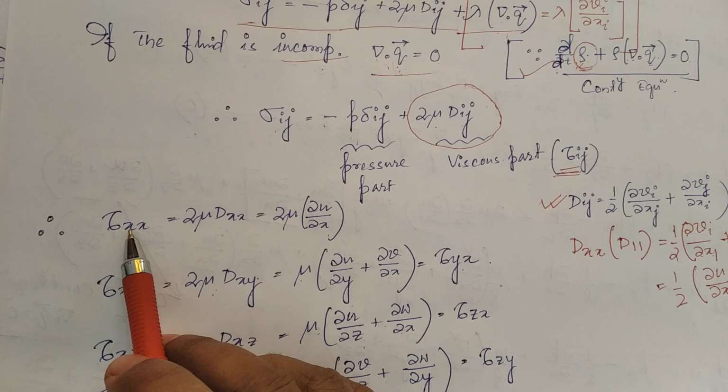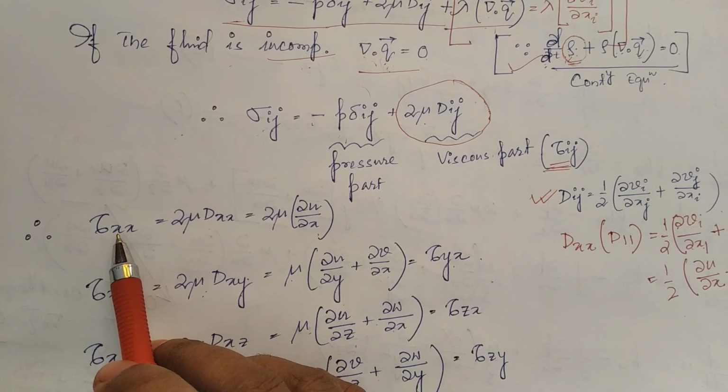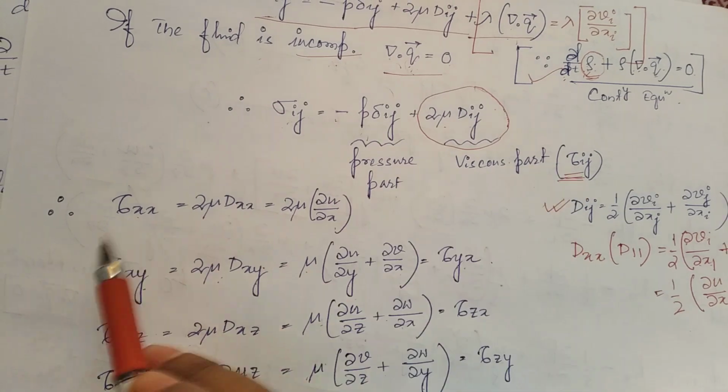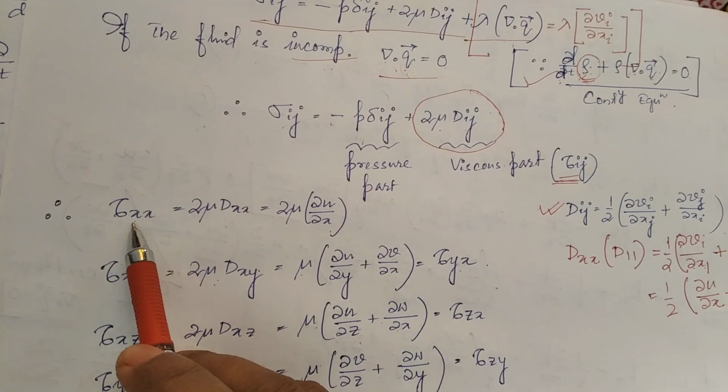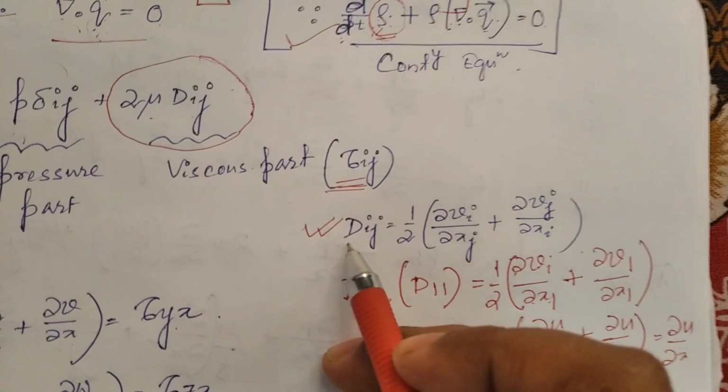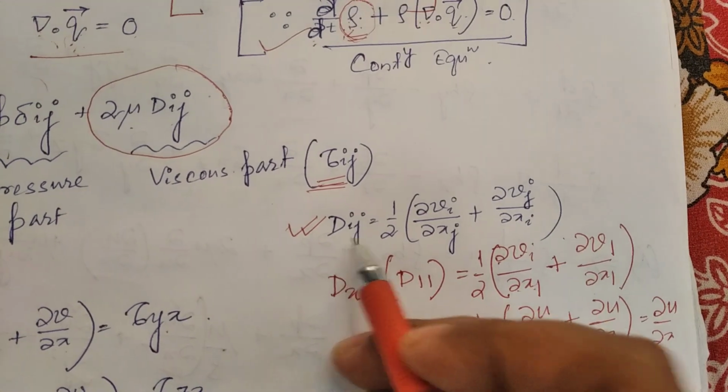For that, in tau ij, we replace i and j by xx. So tau xx will be twice mu dxx. Now what is the expression of dxx? This is the dij definition.